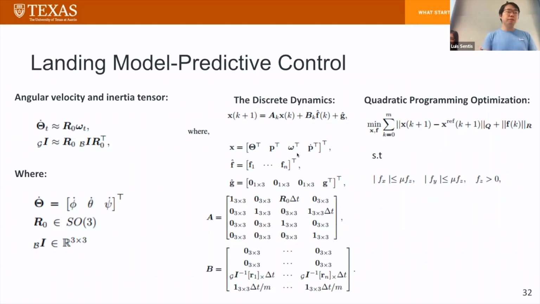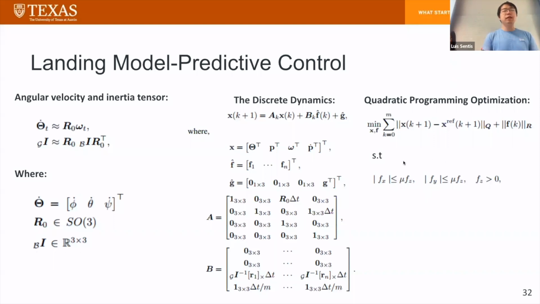Omega is the angular velocity in the world frame, and P dot is the positional velocity of the center of mass. And these are the constraints that are going to be inserted into the Model-Predictive controller. And this is the Model-Predictive controller, which is a quadratic programming optimization problem that we're trying to solve.